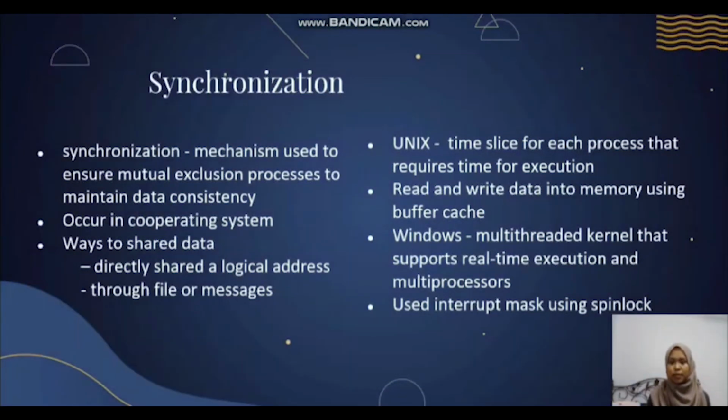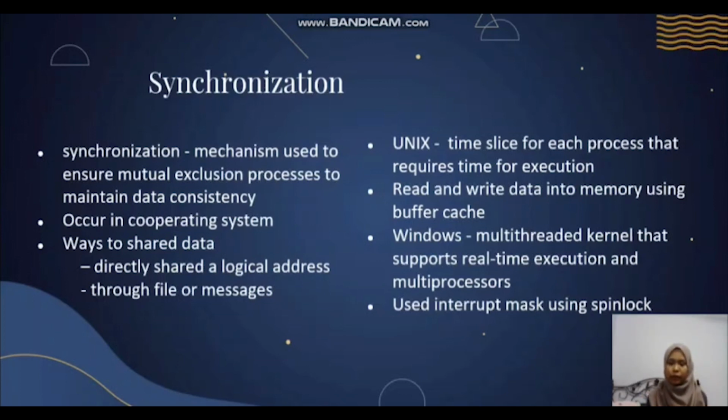In Unix, synchronization is used as a time slice for each process to be executed. The Unix system will read and write data into memory using a buffer cache to avoid data being transferred into secondary memory, to increase performance by avoiding slow writes into secondary memory more often than necessary.